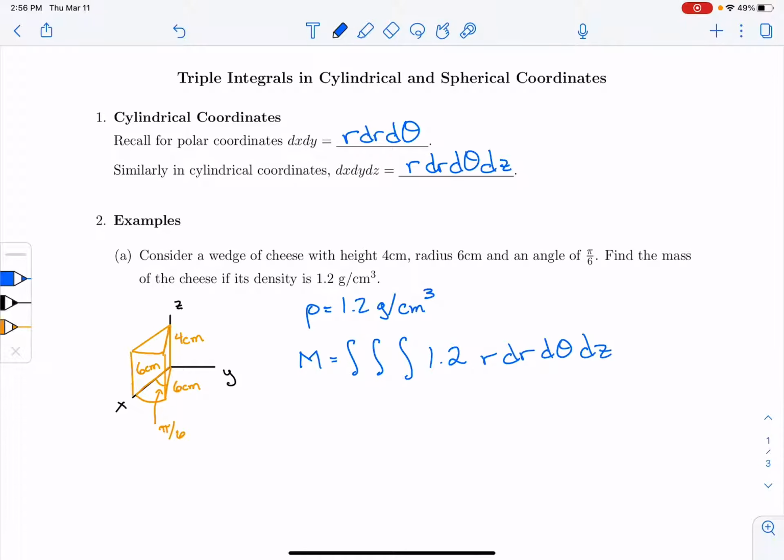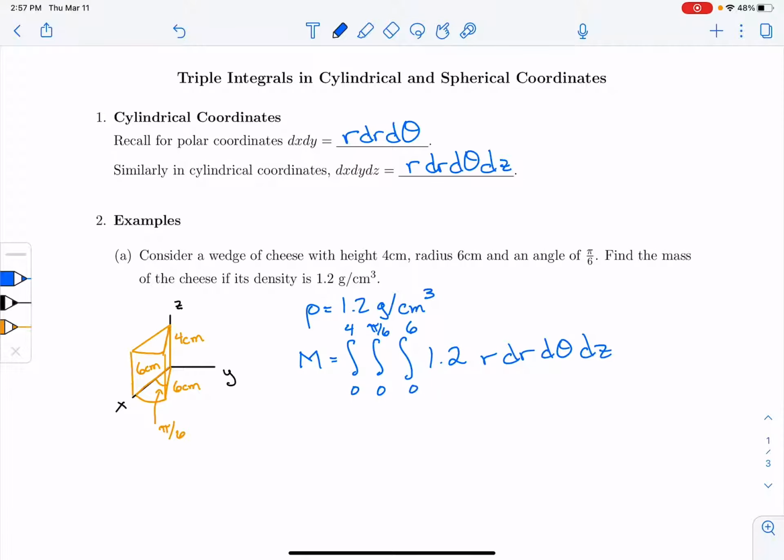And so my r integral is going to go from 0 to 6 centimeters because the radius extends out to 6 centimeters. My theta integral is going to go from 0 to pi over 6 because that's the angle that was involved. And then z goes from 0 to 4 because it has a height of 4 centimeters.